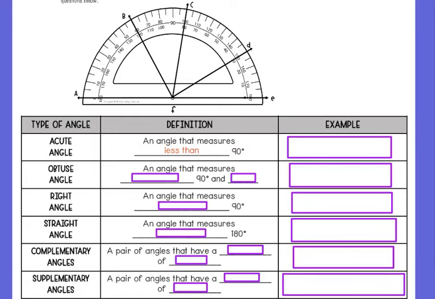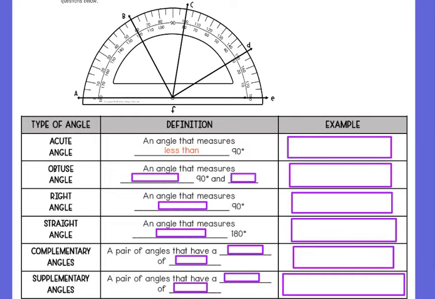We remember that because it's cute and small. From our protractor that they have drawn, I see a lot of examples of acute angles. Remember, F has to be my middle letter. So raise your hand if you see an example of an acute angle. There are lots of them.